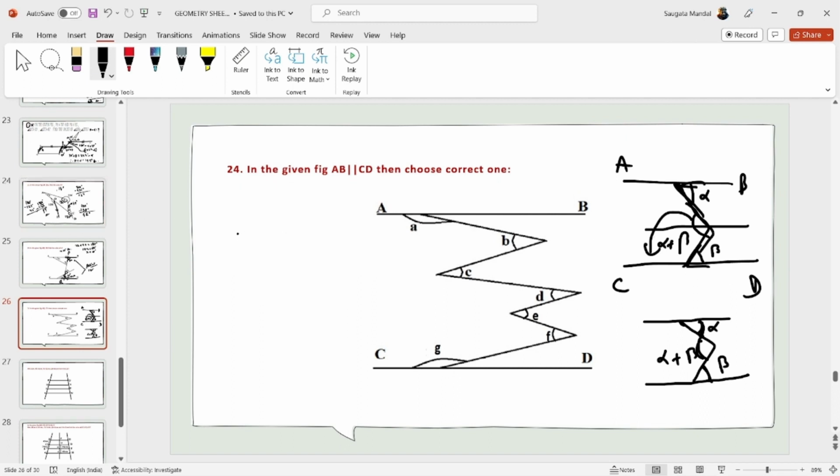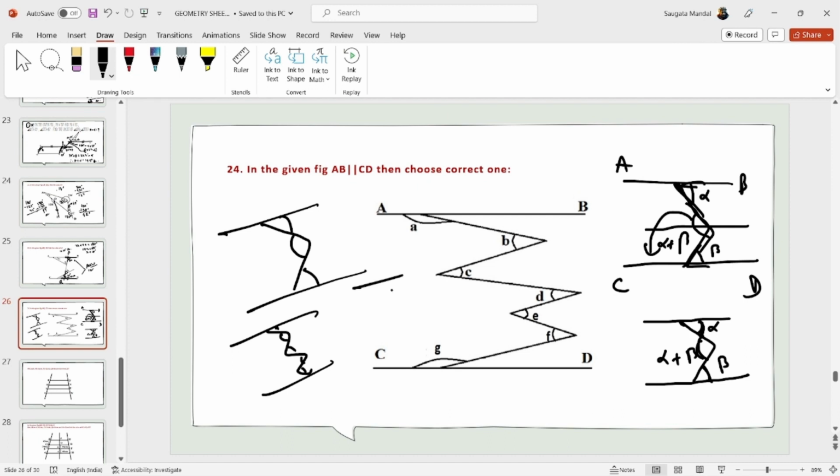This is a Cauchy figure. Sum of these sides is equal to sum of these sides. It is understood to all. Sum of these sides is equal to the opposite sum of these sides.